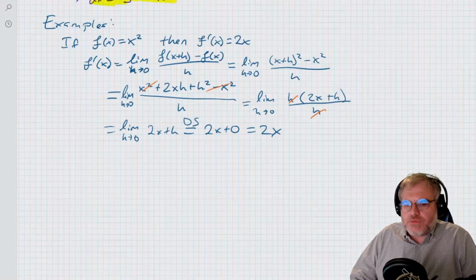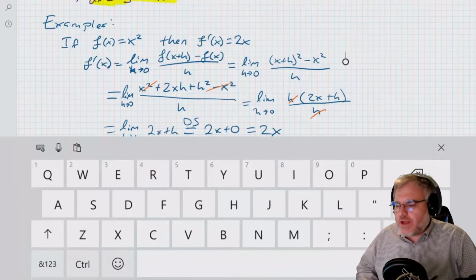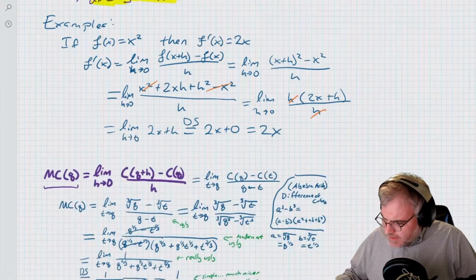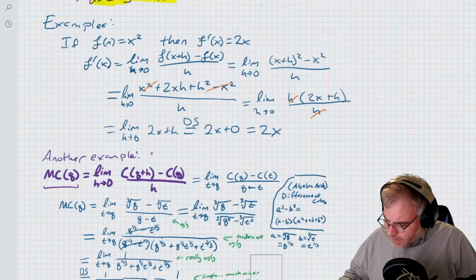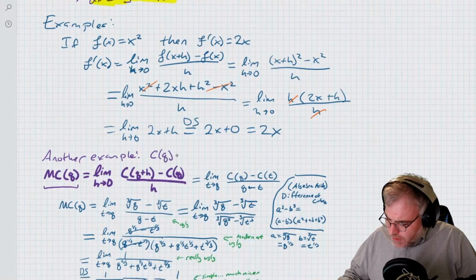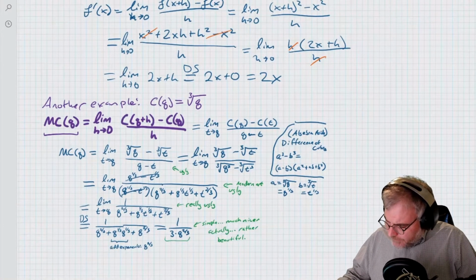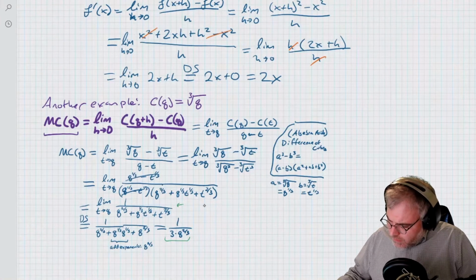We had C of q equals the cube root of q, and we used the difference of cubes thing, and we wound up with 1 over 3 times q to the 2/3.